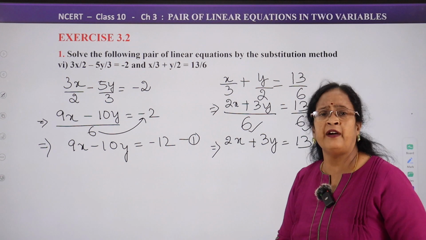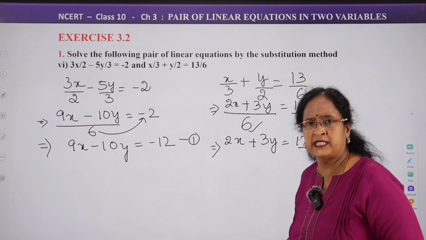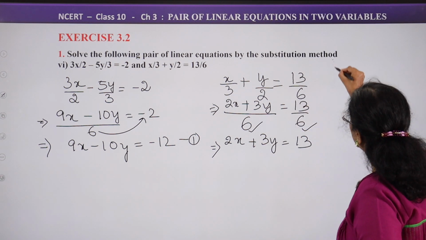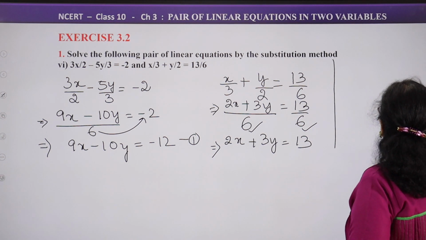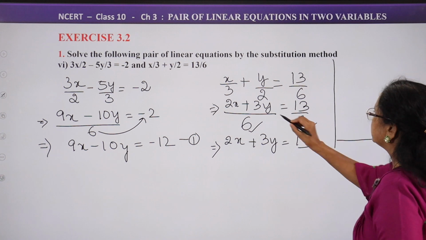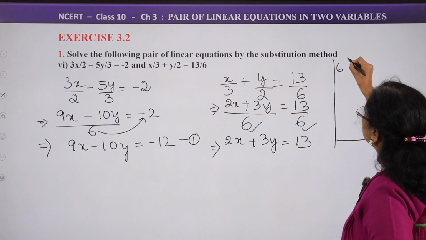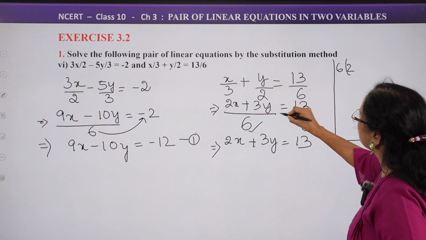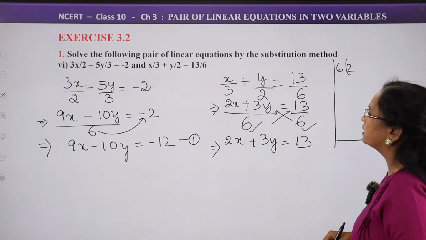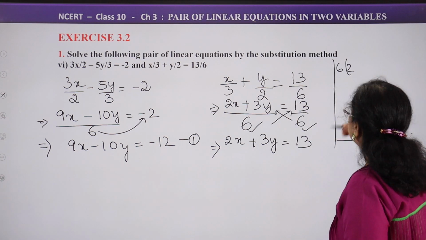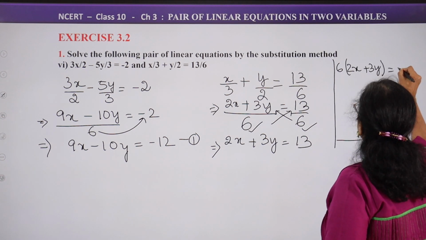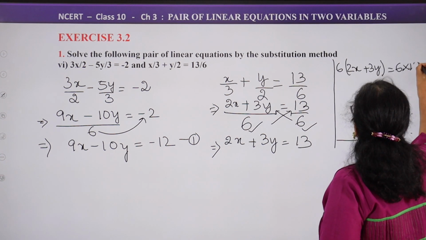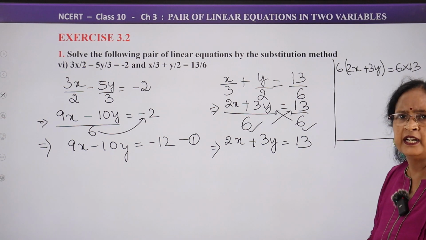If you still have doubt, how can it be cancelled? I am just showing you as a rough work, alright? So, just see only for this sum, 6 bracket, if I cross multiply, 6 bracket 2x plus 3y is equal to 6 into 13.